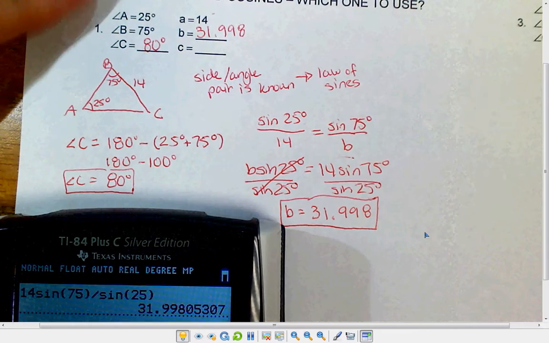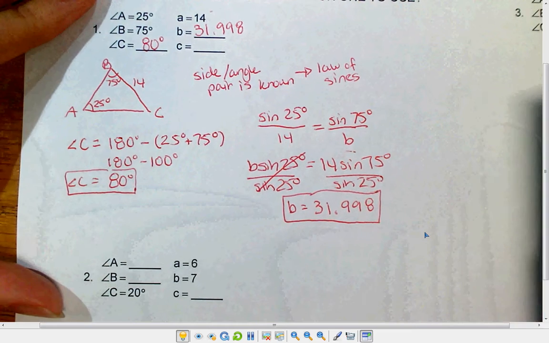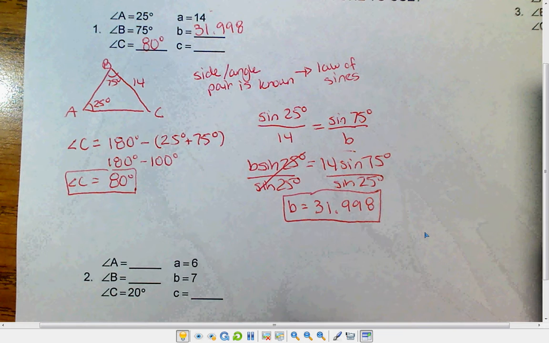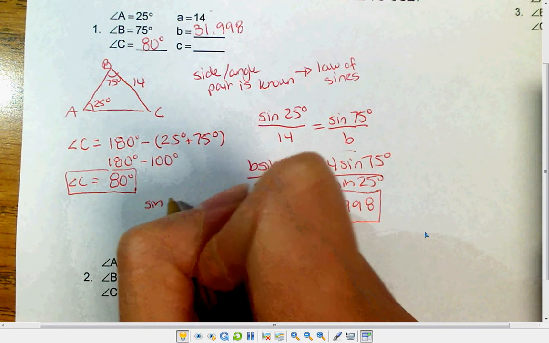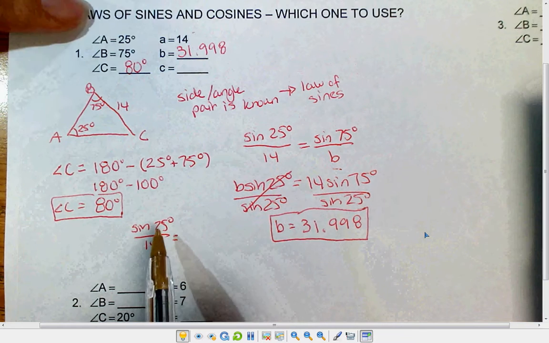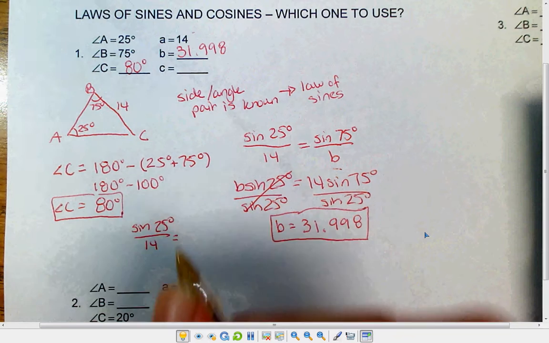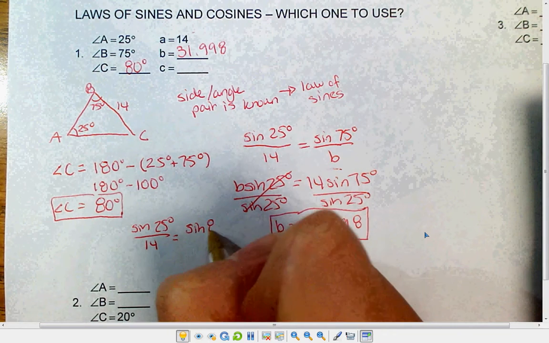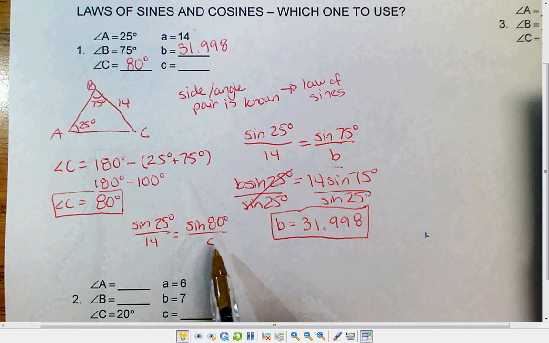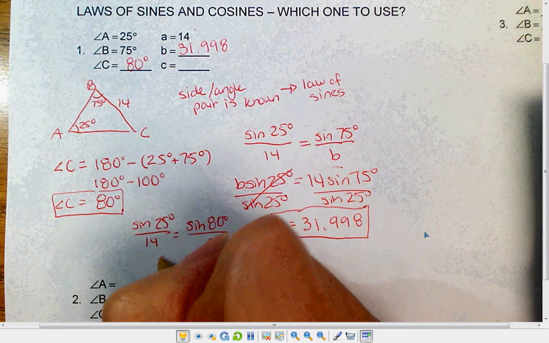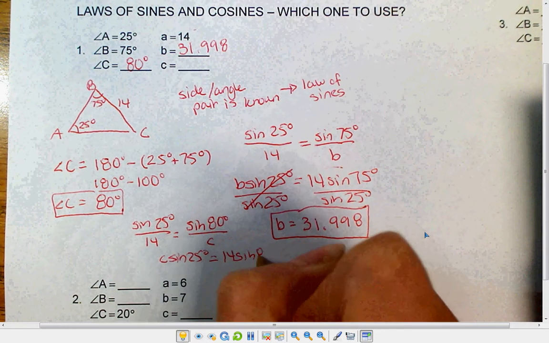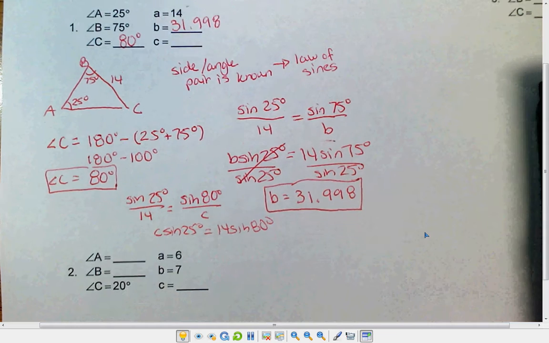So to find side C, we're going to do the same thing, but now instead of 75, we're going to use the angle for C, which was 80. So I have sine 25 over 14 again. So I'm still starting off with the one that I know, the A's. And this time I have sine of 80 degrees over C, because 80 degrees is angle C and this is side C. So again, we're going to cross multiply. Get C by itself.